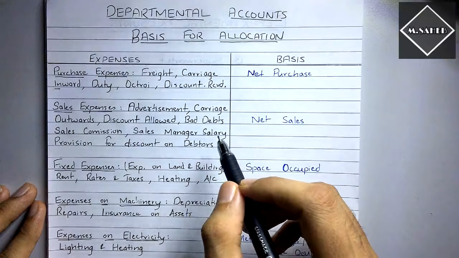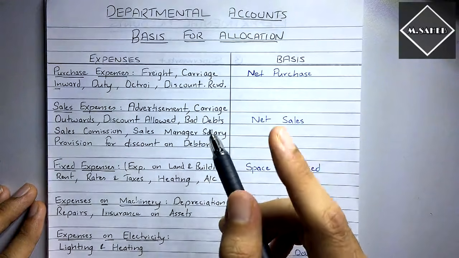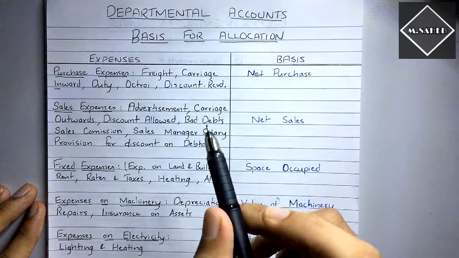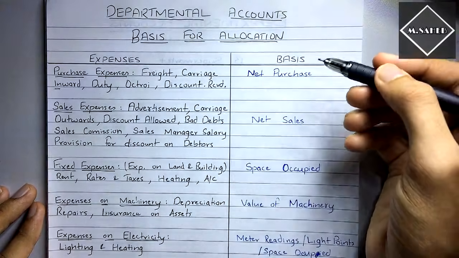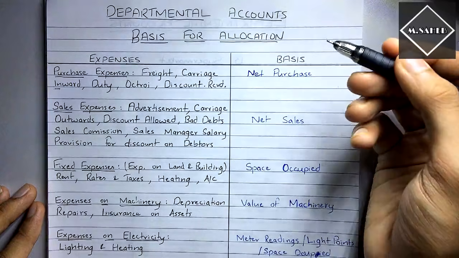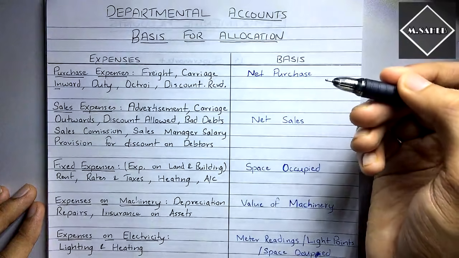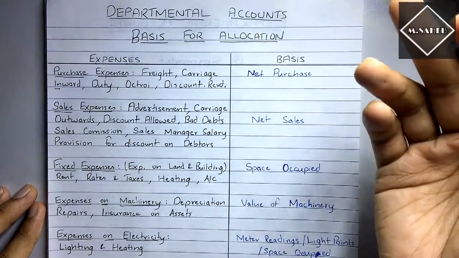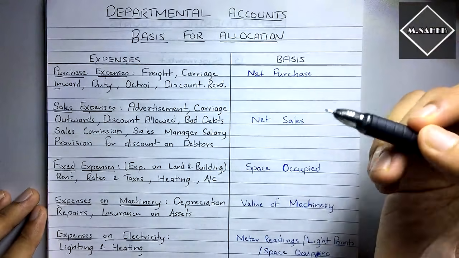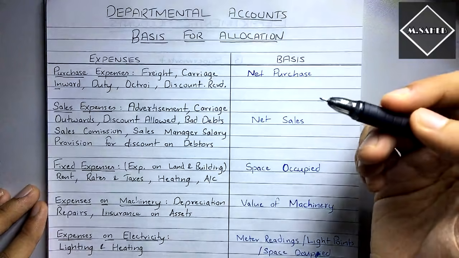Bad debts. Now why do bad debts happen? Because you sold something on credit, and your debtor to whom you sold goods on credit didn't pay you, right? He promised to pay you in future, and now he is gone. So the debt has gone bad.